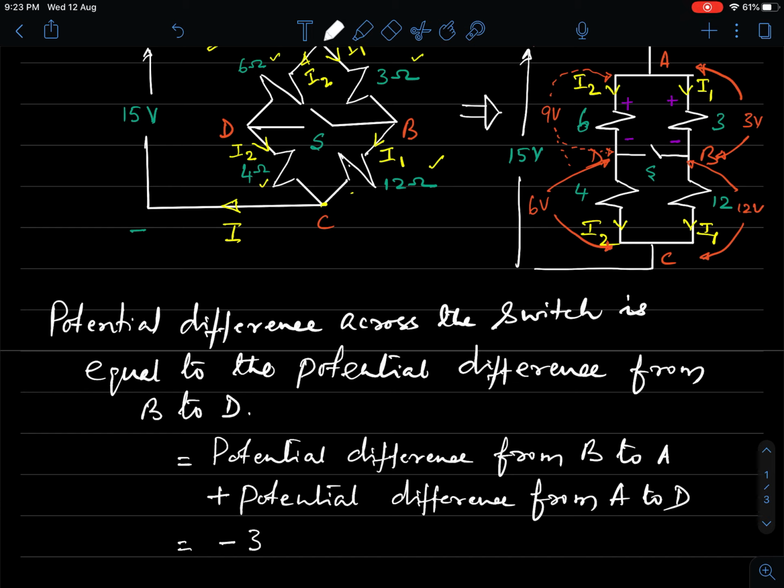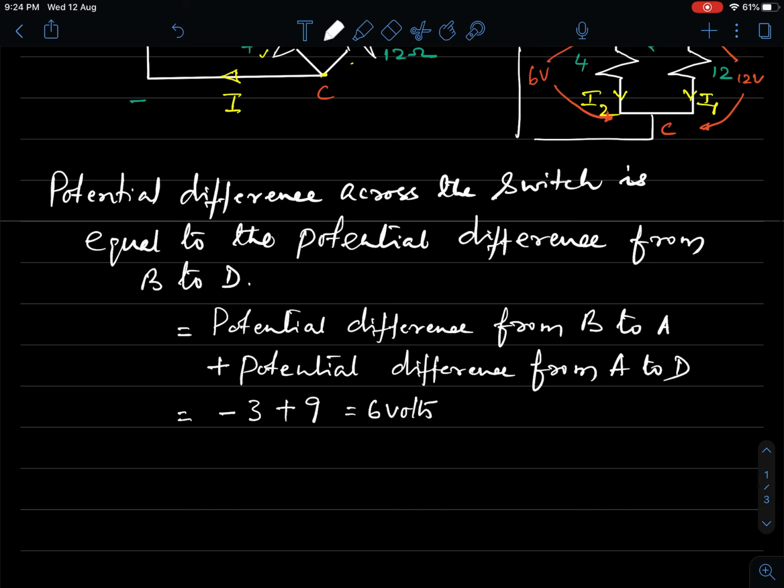Now we have come up to A. From A to D, I am going from positive to negative, so I am encountering a drop in potential. Drop in potential I am taking as positive, so this is plus 9. So this comes out to be 6 volts. It is as simple as that.